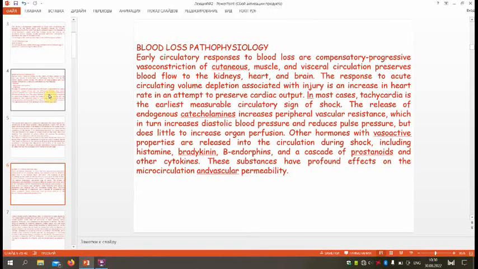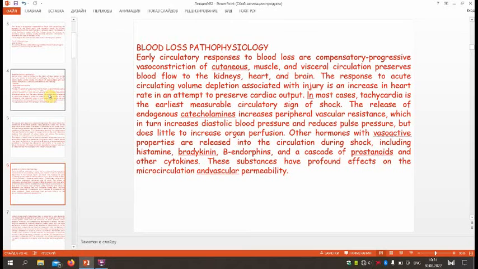Blood loss pathophysiology. Early circulatory responses to blood loss are compensatory progressive vasoconstriction of cutaneous, muscle, and visceral circulation, which preserves blood flow to the kidneys, heart, and brain. The response to acute circulating volume depletion associated with injury is an increase in heart rate in an attempt to preserve cardiac output.